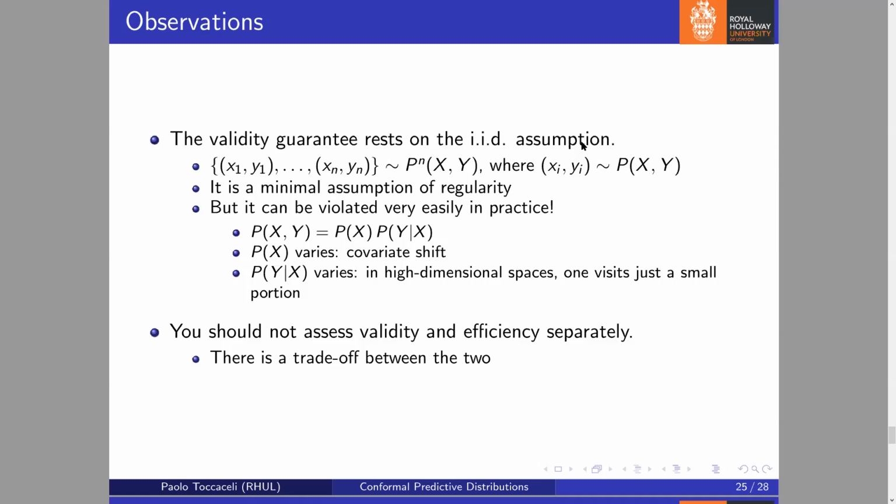Probably we're not even interested in visiting it in its entirety. But my point is that in high-dimensional spaces, we visit so little in reality of the space that we have to be lucky to have a lot of regularity to make certain extrapolations or maybe interpolations, and these be valid. So when we start visiting other parts of the space, we see something that we haven't seen before, and our methods start to have problems. And again, just to finish, you should not assess validity and efficiency separately, because there is a trade-off between the two.